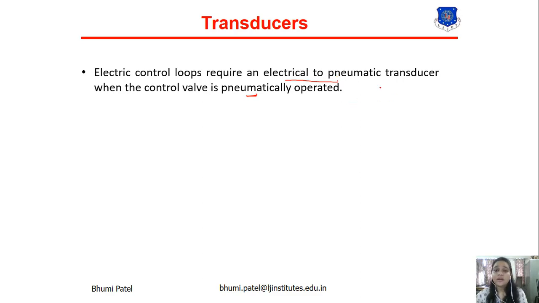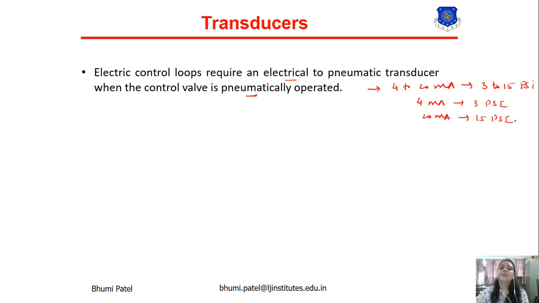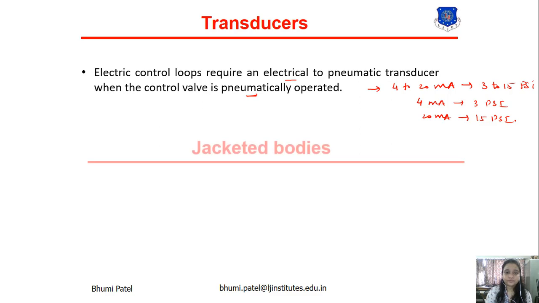It can convert a 4 to 20 milliampere current to a 3 to 15 psi pressure. Suppose 4 milliampere current is there, we get 3 psi pressure. If 20 milliampere is there, we get 15 psi pressure. So this is the application of the electro-pneumatic transducer.